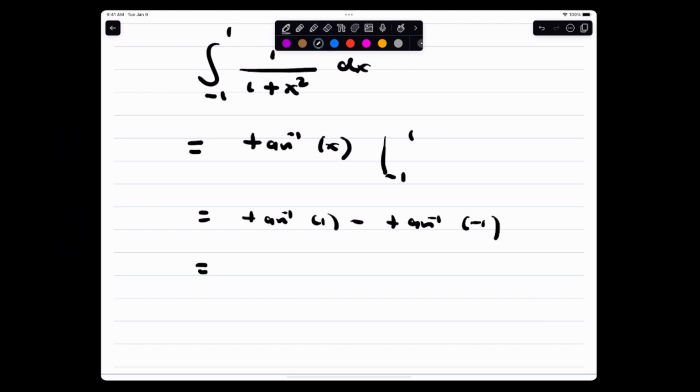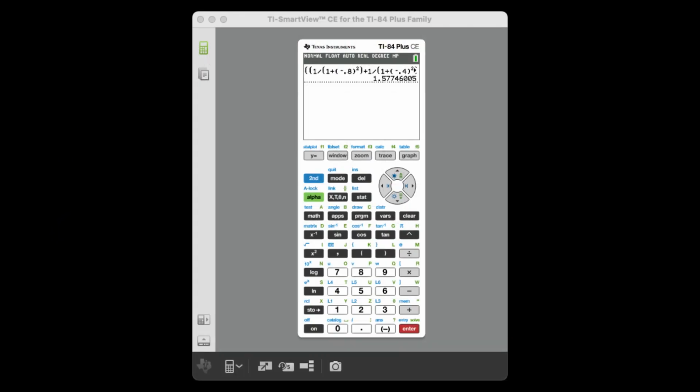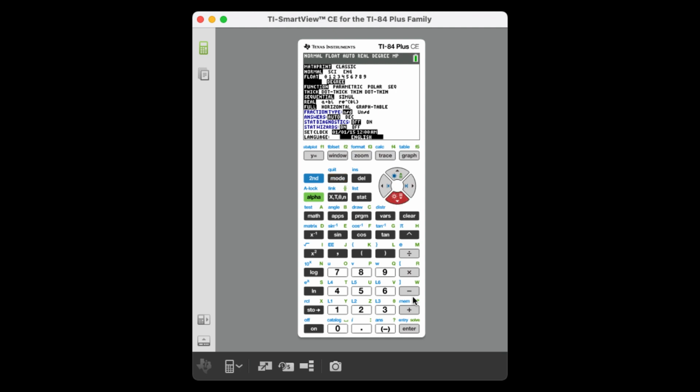I actually know the exact value. So, what's inverse tangent? You guys know what inverse tangent of 1 is, by the way? I don't even think I need to do that. Isn't that pi over 2?